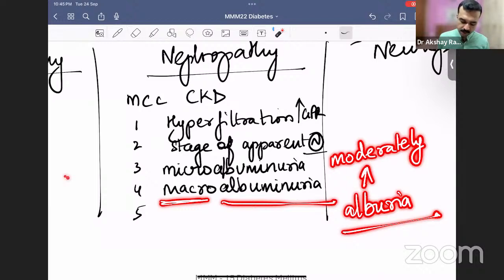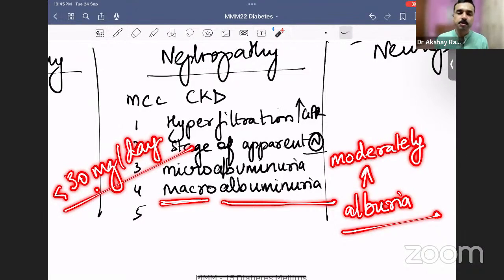Microalbuminuria is less than 30 milligrams per day.